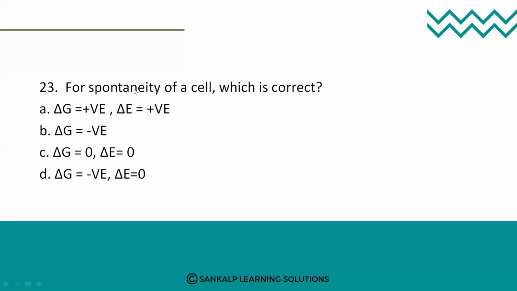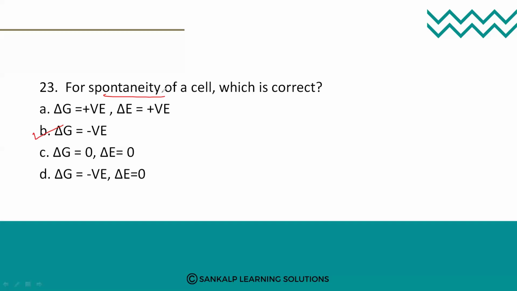Next question. For spontaneity of a cell, which is correct? Spontaneity means the cell is undergoing a chemical reaction. For a spontaneous reaction to occur, delta G should always be negative and E naught of the cell should always be positive. So option number B is the correct answer.